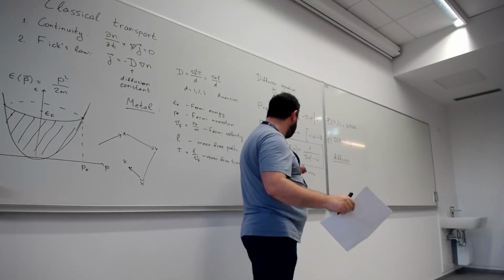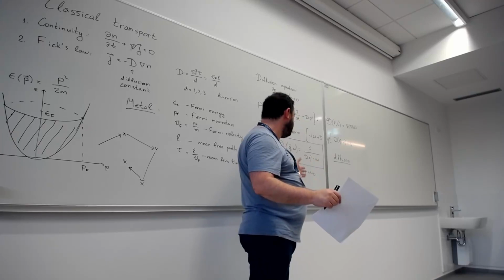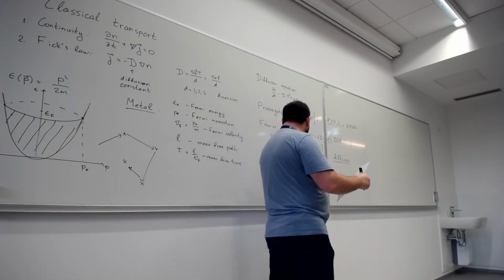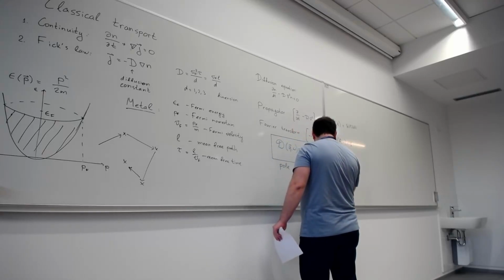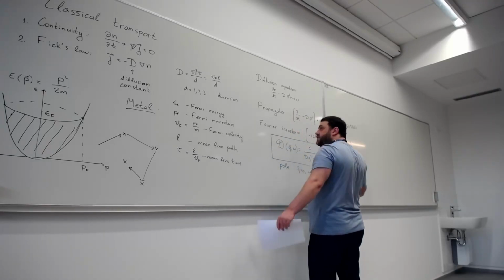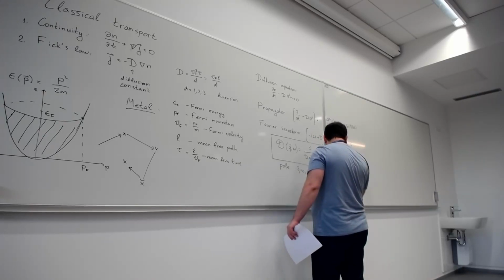If q and omega equal 0, we have 0 in the denominator, so this object diverges, and this singularity actually is related to the conservation of the number of particles. Particle conservation.